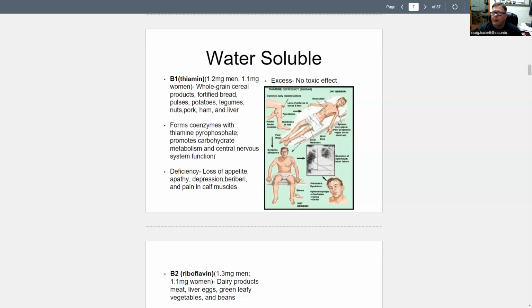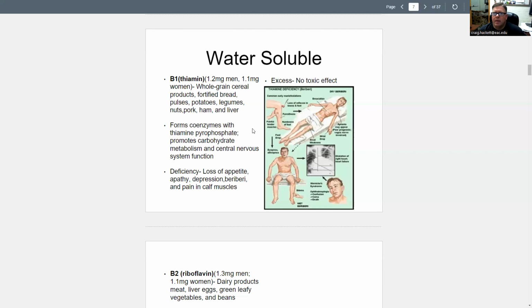If you look at B1, though, this is one you want to jump out at you: it promotes carbohydrate metabolism and central nervous system function. So this is really important for neural synapse function. It does require a little bit of energy to get that stuff going and to reset some of the neural functions that happen once we send signals.